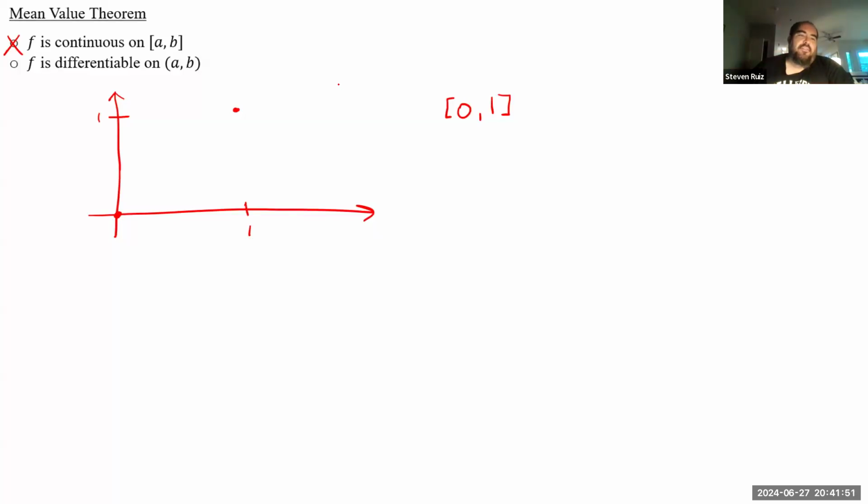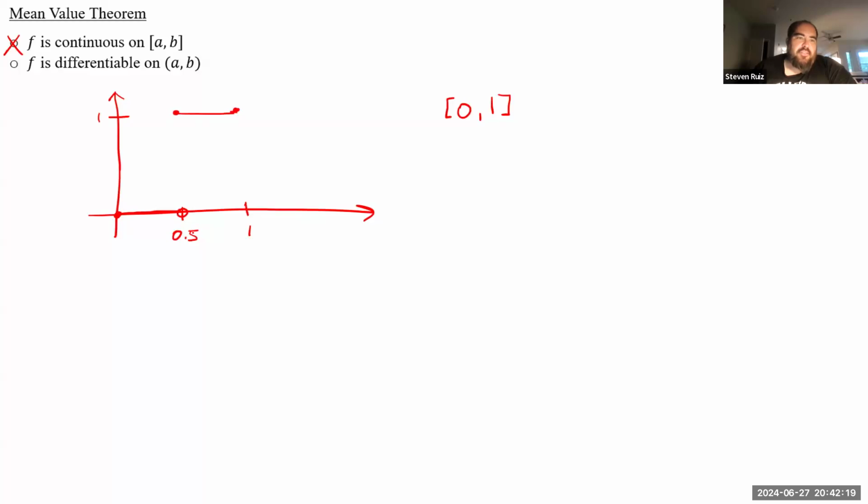I'm ignoring the continuity condition. So let's say my function looks like this. It has two horizontal line segments, one that follows the x-axis, and then it goes to a jump discontinuity like this. So right in the middle of this interval, at 0.5, I have this jump discontinuity.